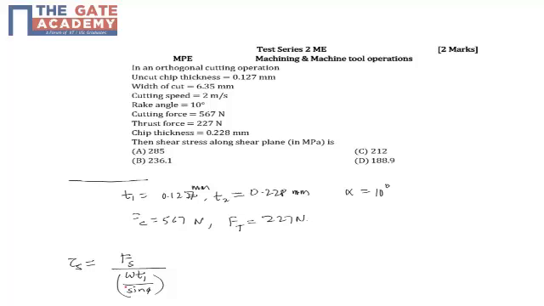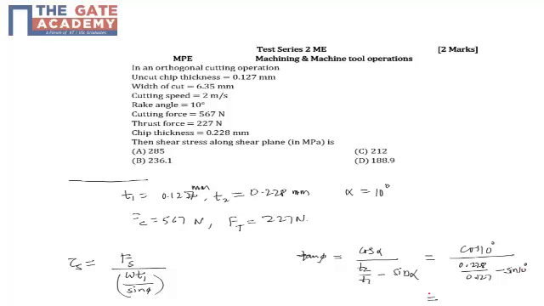So we need to get phi, the shear angle, first. The expression for the shear angle is tan phi equals cos alpha divided by (T2 by T1 minus sine alpha). So the first thing is to get the shear angle. Cos alpha, with alpha given as 10, so cos 10 divided by the thickness after the cut, 0.228, by the thickness before the cut, 0.127, minus sine 10.